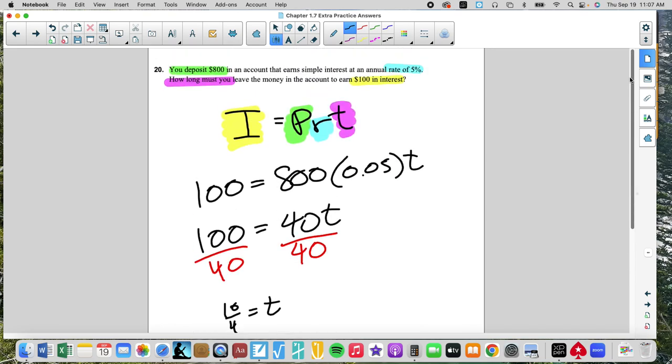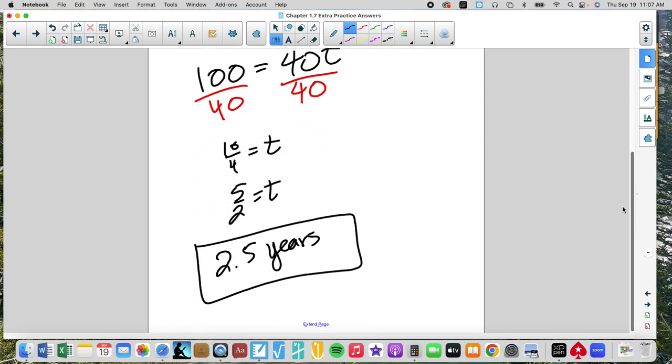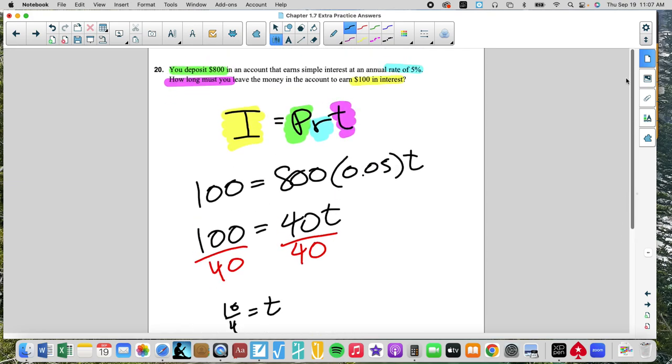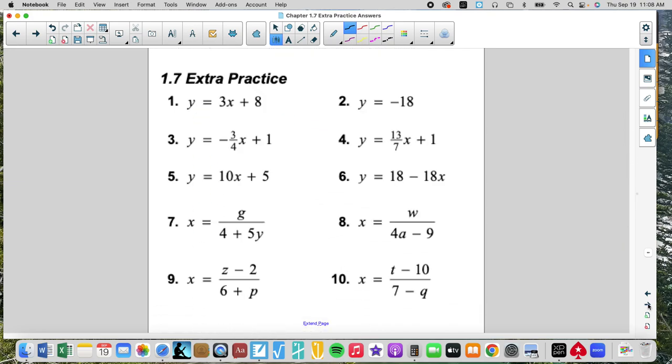How long must you leave the money in the account? And yes, T doesn't tell you that it's annual. Well, annual is yearly. So I guess you got to know, that's not a given, that when you deal with interest equals principal times rate times time, that T is going to be in years. So that's a little bit tricky.